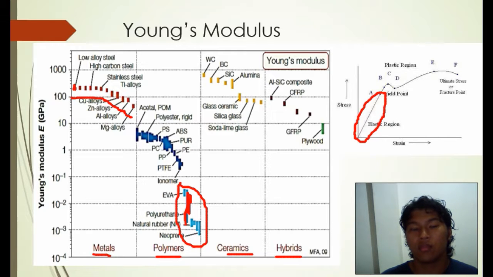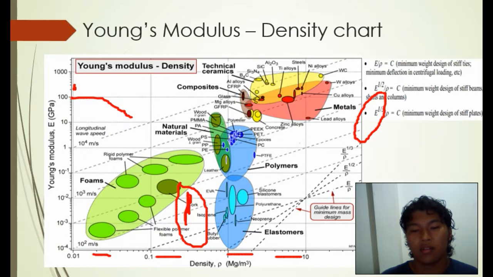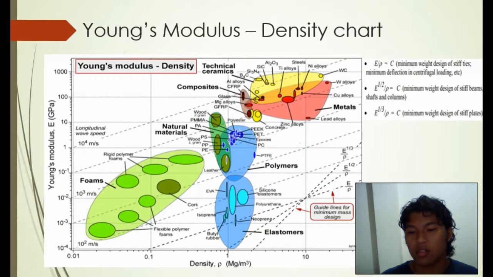For the Young modulus density chart, the first stage implies seeing if we are designing stiff ties, stiff beams, or stiff plates. Depending on the design you are making, we have to take this kind of relationship.